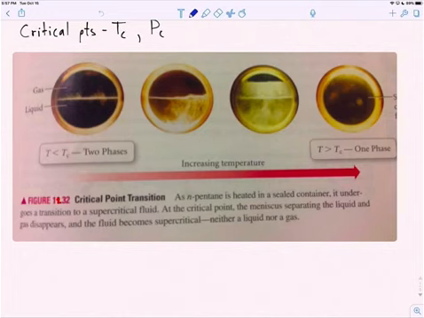As this heats up, you can get to a certain temperature where the molecules are moving so fast, there's so much kinetic energy that the liquid can't stay together. Of course, that's the vaporization.